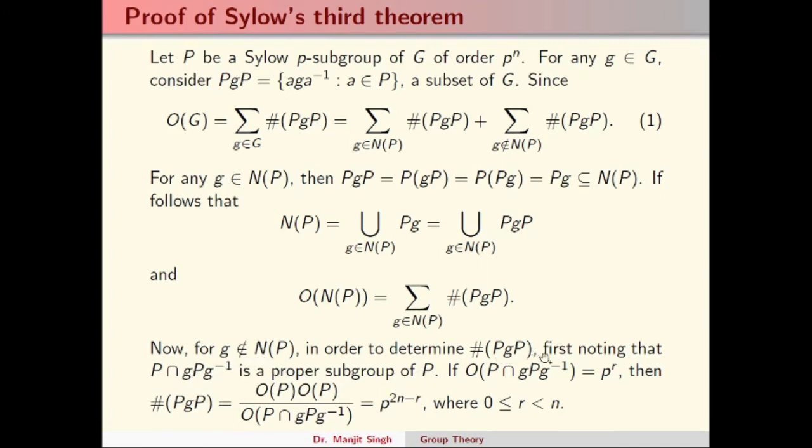So it is easy to note that P intersection gPg inverse is a proper subgroup of P, and P is a Sylow p-subgroup whose order is p raised to power n.